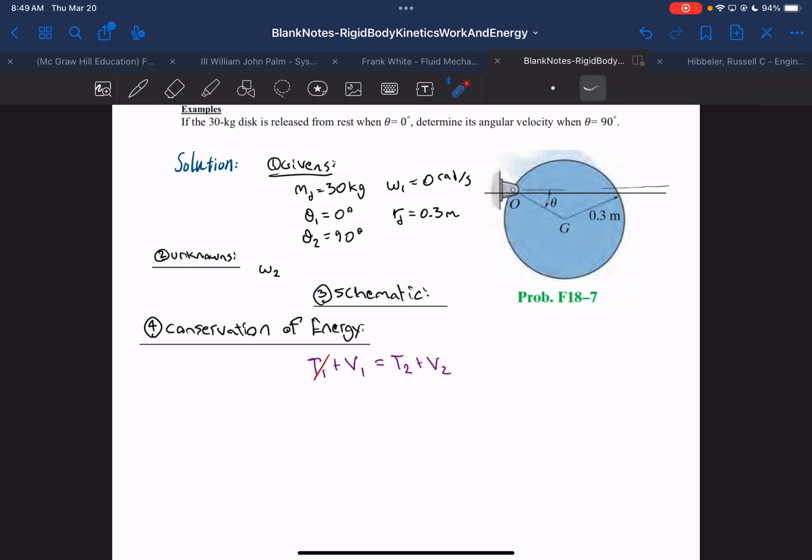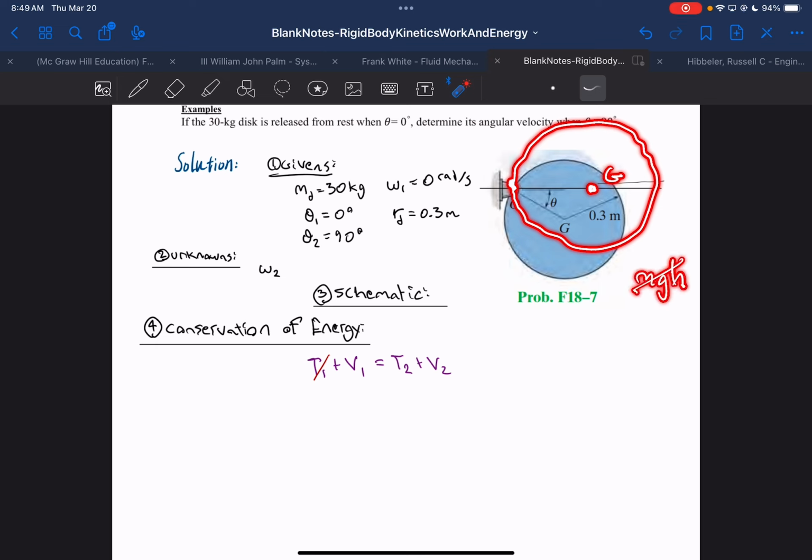In this case, I'm going to pick my datum to be right here. Why do I say this? Because this allows my potential energy in state 1 to be 0. If I draw my initial position, where it was when theta is equal to 0, and this is my point G, the formula for gravitational potential energy is mgh, and in this case my h is 0.